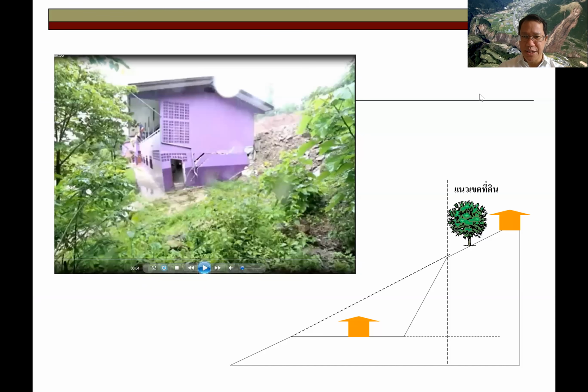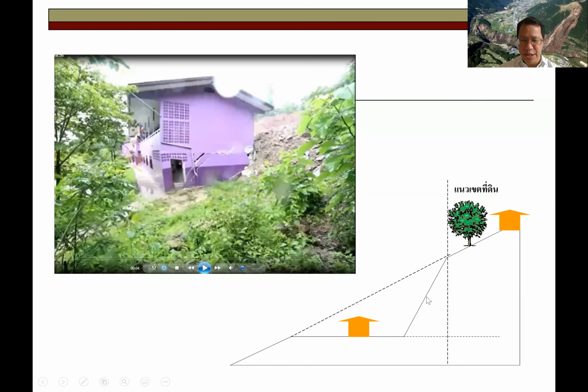This is one example of a building that was built near a slope hill, and this construction was done by cutting the slope, because the original ground is a slope area and it's not suitable for housing. This one is a school building, so that's why they cut the slope.